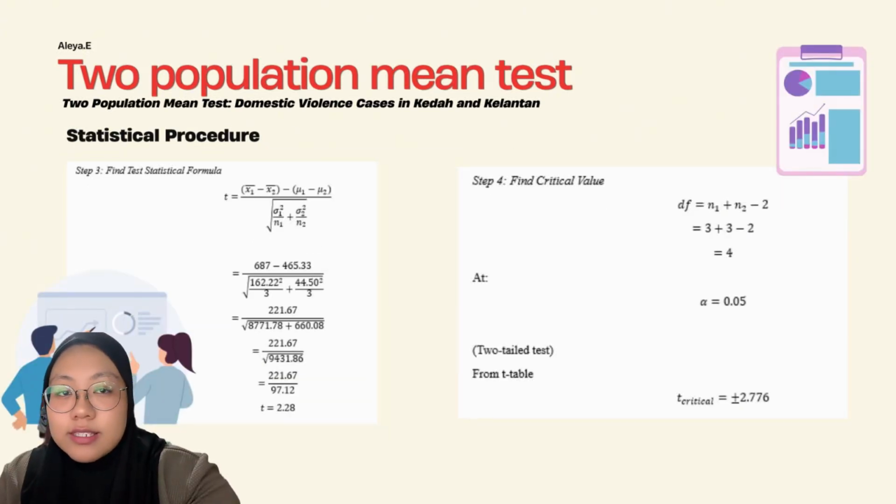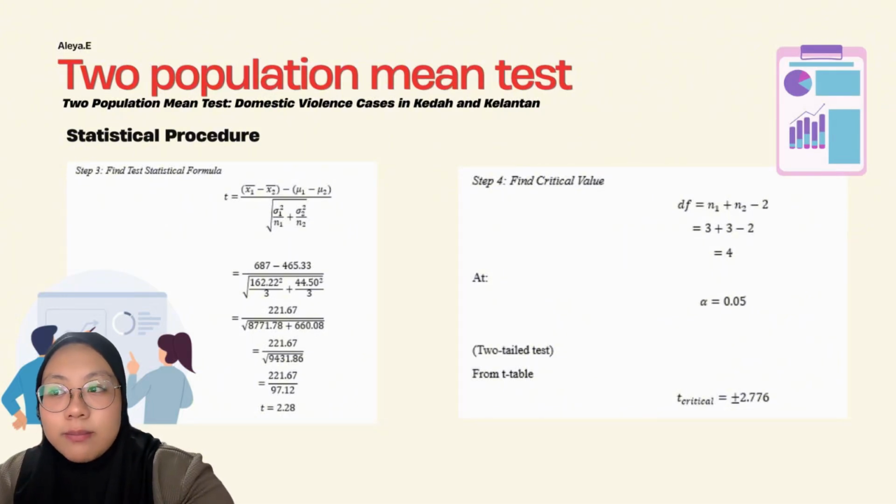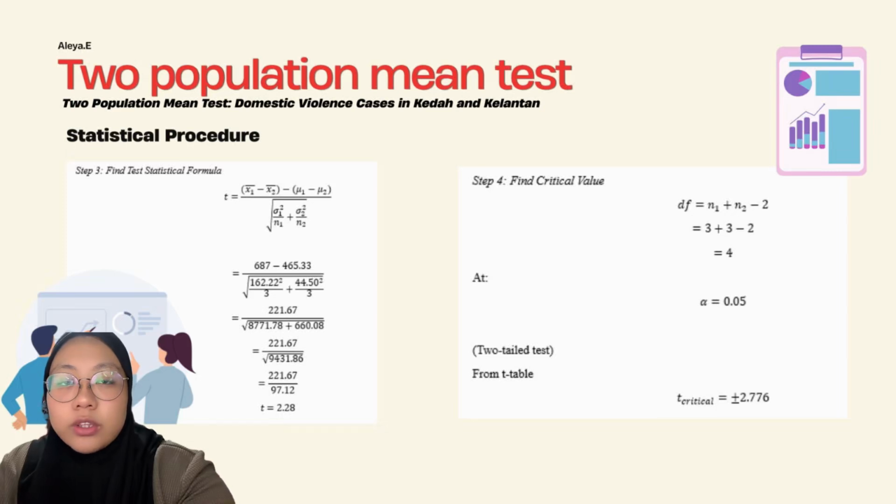Next is test statistic. Using the independent sample t-test formula, the calculated test statistic is 2.28. The degrees of freedom are calculated as N1 plus N2 minus 2, which gives a value of 4, with a significance level of 0.05 for a two-tailed test.